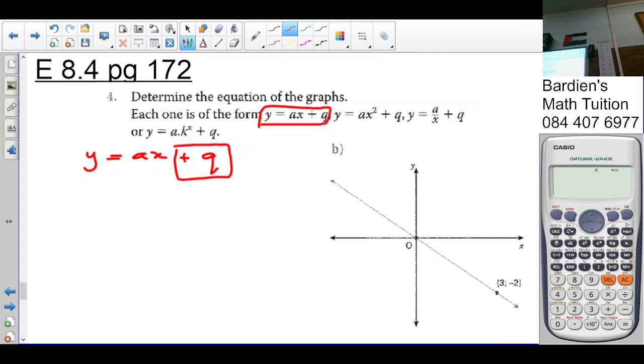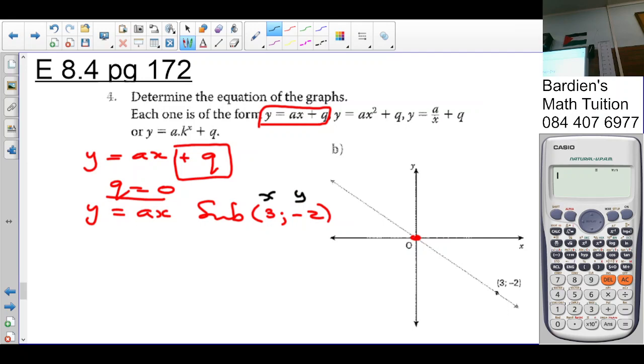And what is the y-intercept here? 0. So q is equal to 0, and y is equal to ax. We still need to solve for a, so we substitute 3 and negative 2, remembering this is an x and a y. So negative 2 is equal to a times 3. To get a on its own, I divide by 3 both sides. So a is equal to negative 2 over 3. So the equation is y equals negative 2 over 3 x.